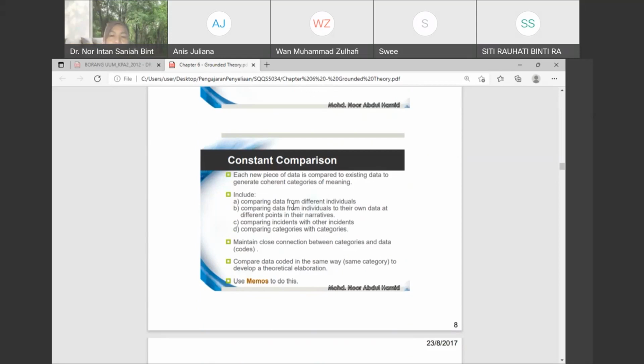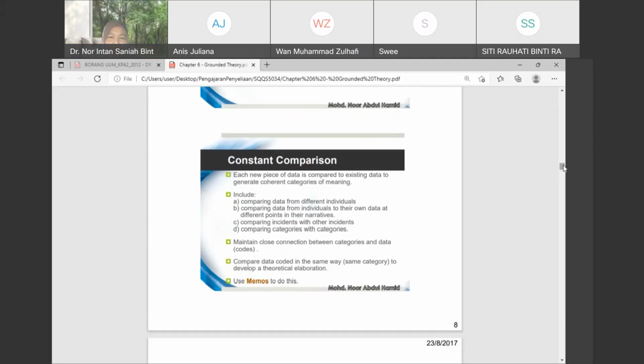Or incident with other incident, like cases in law, they have a number of cases, categories with categories. This is quite interesting and quite complicated as well.